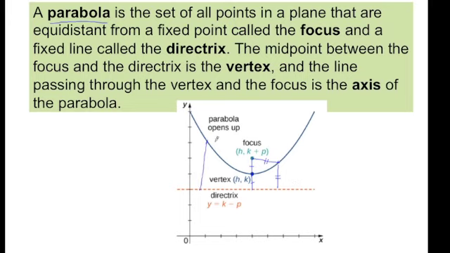This distance would be the same as this distance. The line that passes through the vertex and the focus is the axis of the parabola. We talked about the axis before. I can draw it straight here. This would be the line, the axis, x equals h.